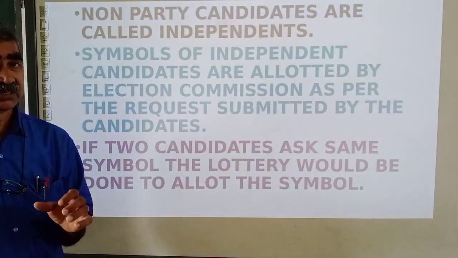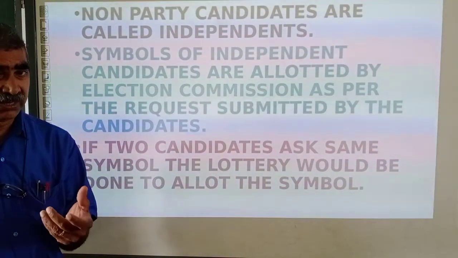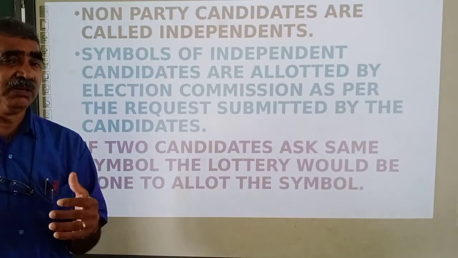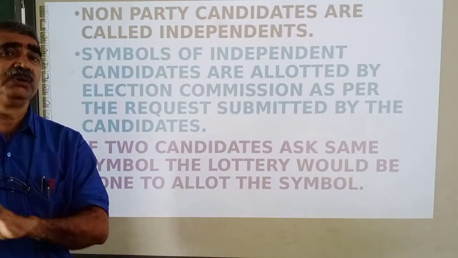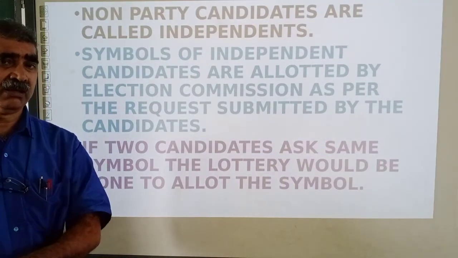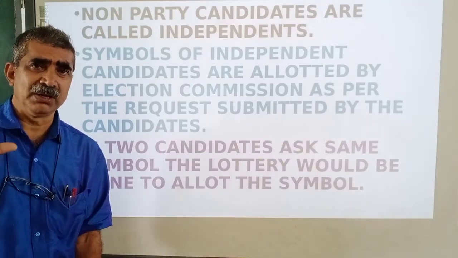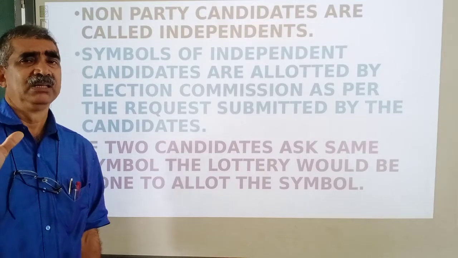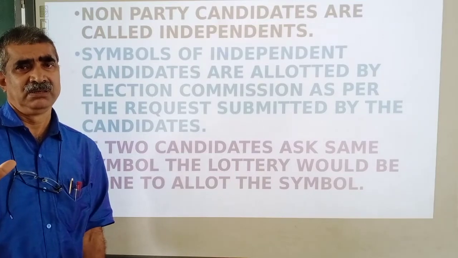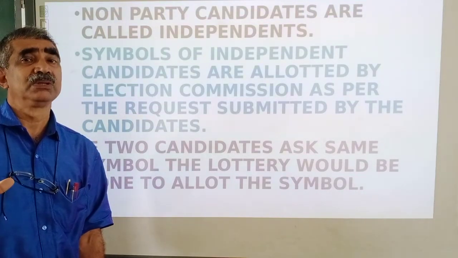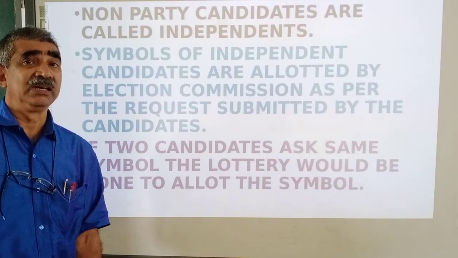Since there is no party symbol, we demand a symbol, and it will be given if nobody else demands it. If I am demanding a mobile phone, and nobody has asked for a mobile phone as a symbol, I will get the mobile phone. So this depends upon the demand made by other candidates.